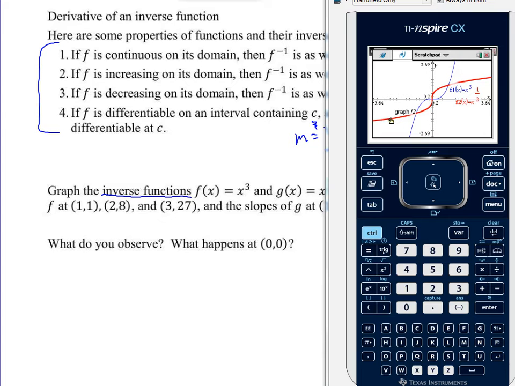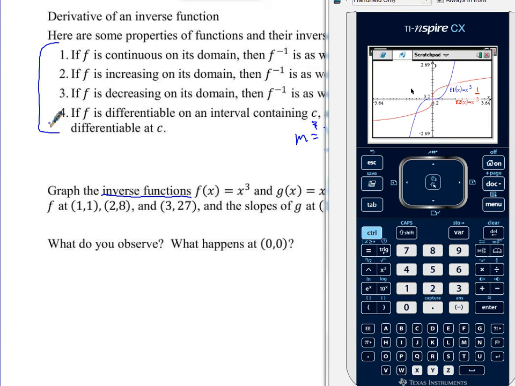Yeah. Is this one continuous? Yeah, it is. Can I differentiate everywhere on the blue one? Yes, I can. Can I differentiate everywhere on this one? No, I can't, because of that one spot where it goes vertical. So that's what that last one is getting at.